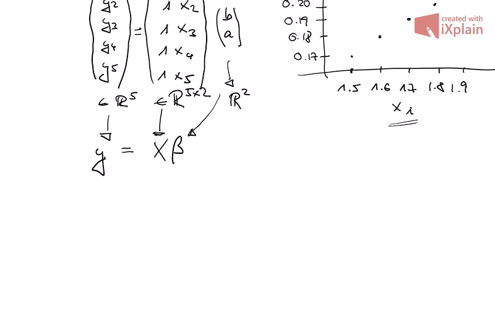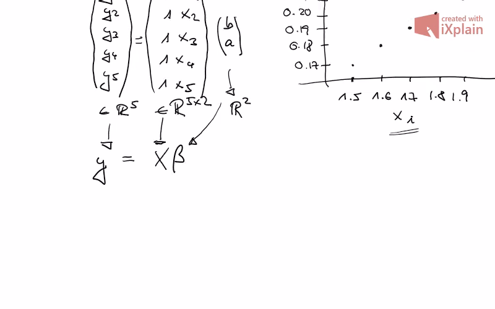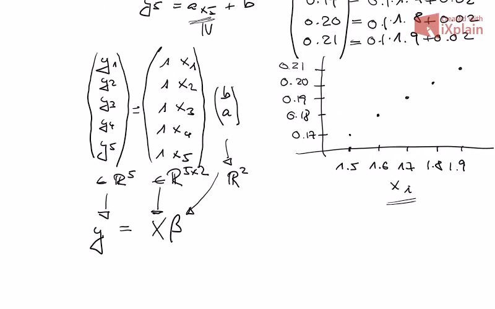So y is a 5-dimensional vector, so you should think of something like this. X, I'm telling you now, if it takes this form, is called the simple linear regression matrix. And beta, if this is a simple linear regression matrix, has to have 2 rows, otherwise the matrix product is not possible. That's the parameter vector. Yeah.